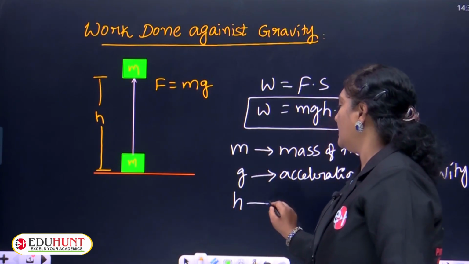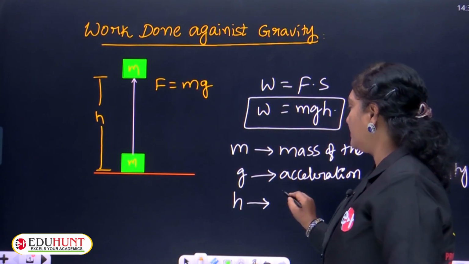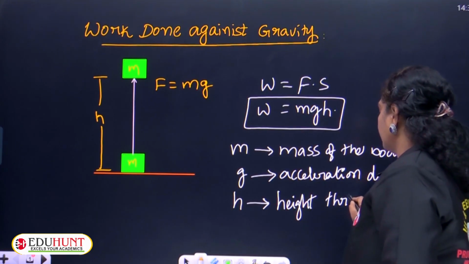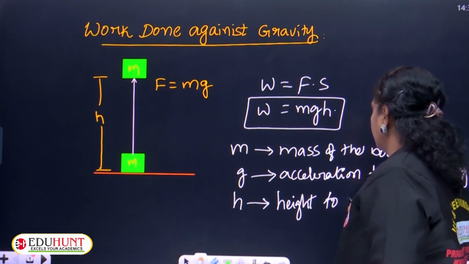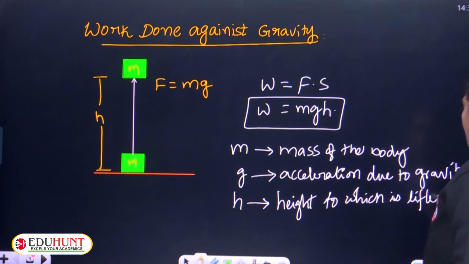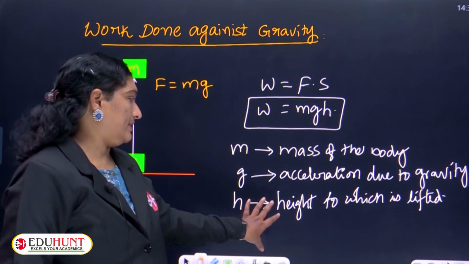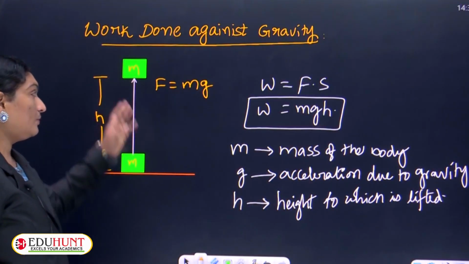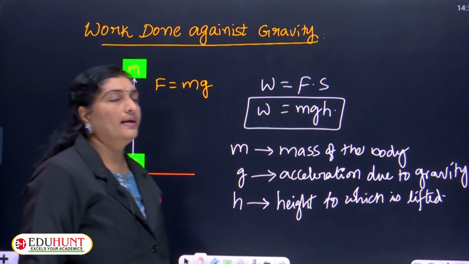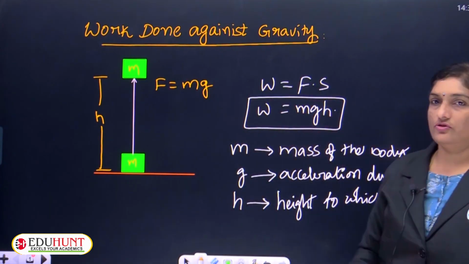Approximately its value can be 10 meter per second square. h is the height through which the body is lifted, the vertical height from the ground. h is the vertical height through which the body is displaced from the ground. Hence, work done in lifting a body, W, is equal to mgh.